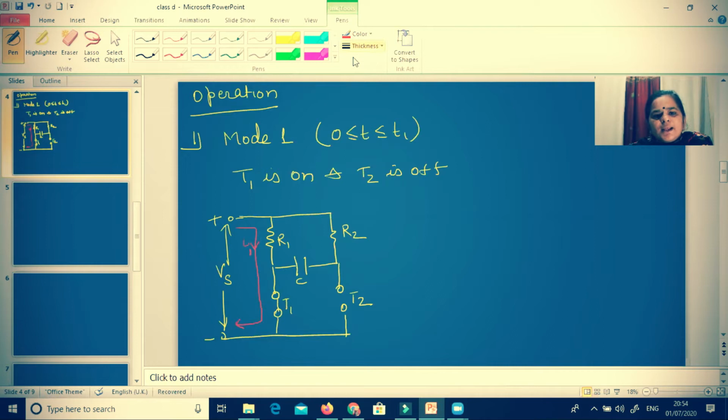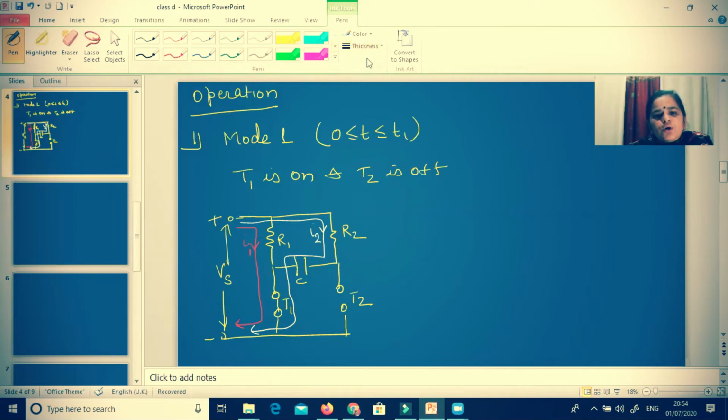And the second current, which I am representing by white color, can flow through R2, then pass through C, then through T1, and then return to minus Vs. Since this current is passing through R2, I am representing it by I2.